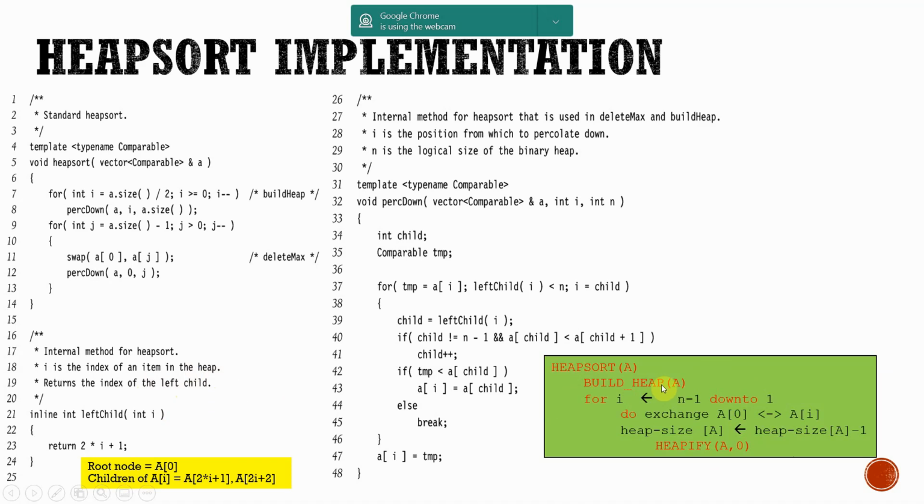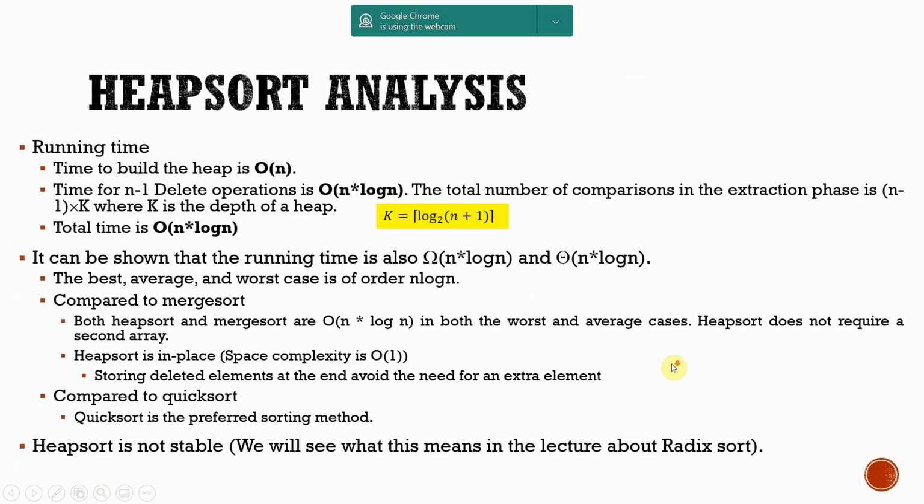So first, we have to construct the heap, and then we repeatedly delete the roots, n-1 times. So the running time of heap sort, you can break it into two parts. The first part was construction, which was heapify.